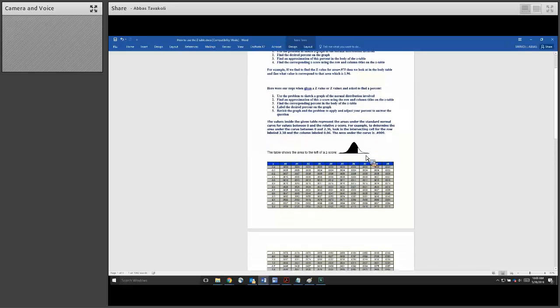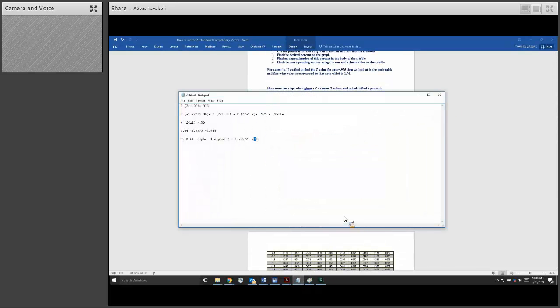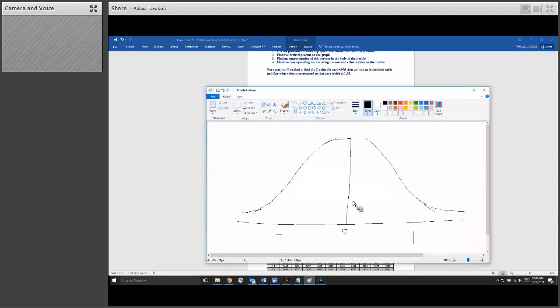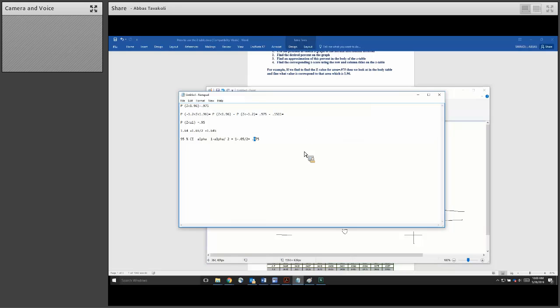From this table, you can find either the area or the value of z corresponding to the area. So let's look at some examples.